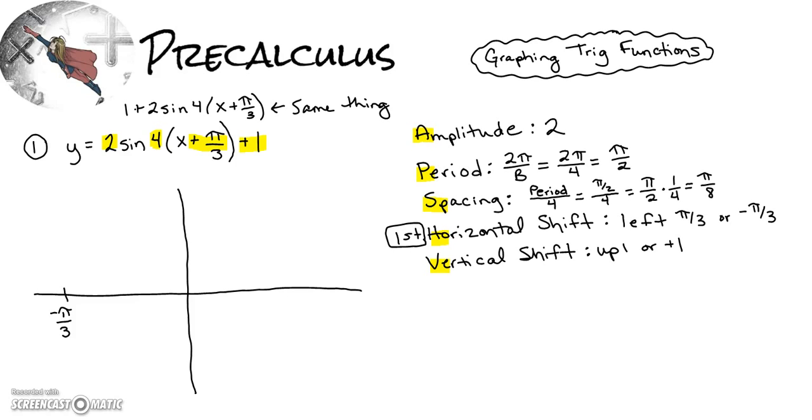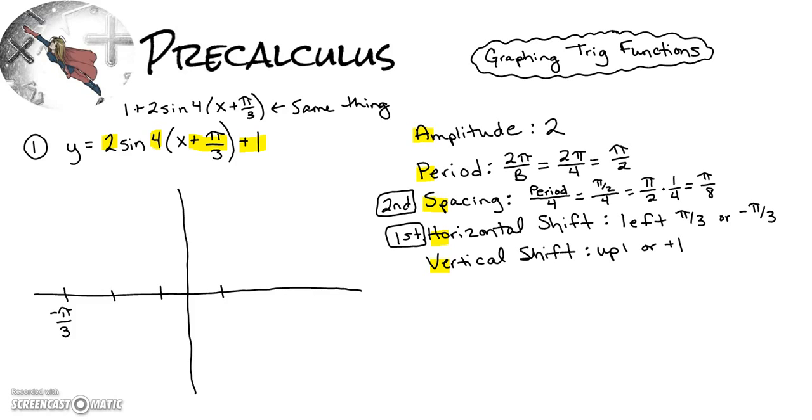Now, this is where my spacing comes in. And it's always harder with fractions, but you can do this. So the spacing is pi over 8. What that means is the space between each of my tick marks on the x-axis is going to be pi over 8.